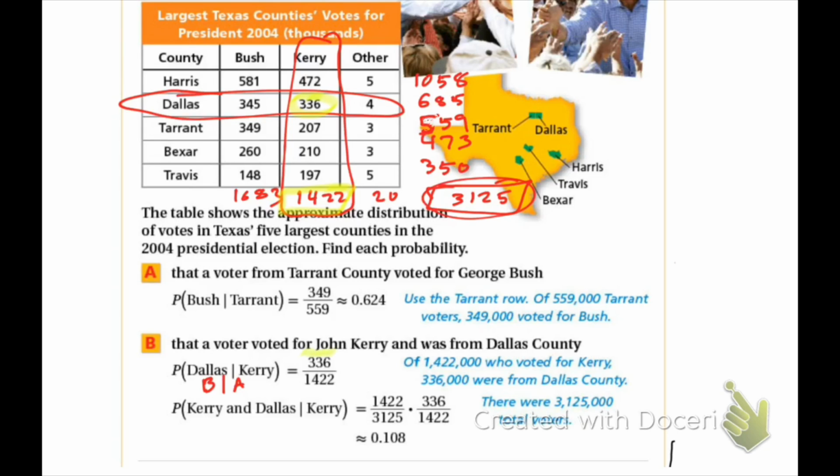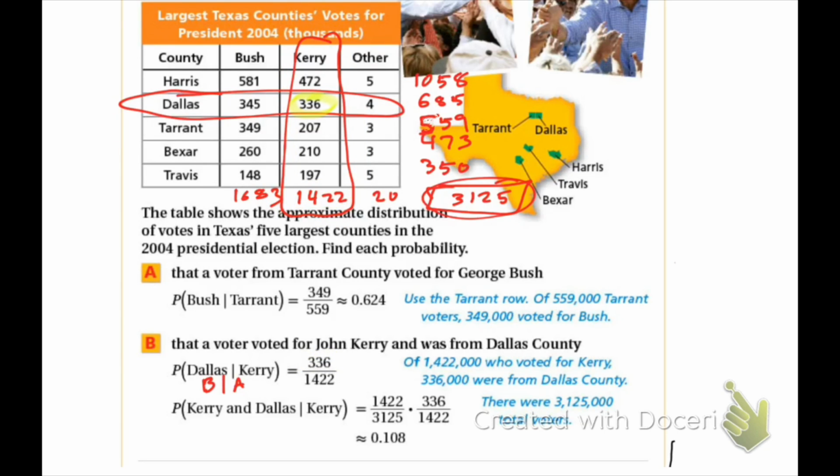That 336 is the total number of voters from Dallas County that voted for John Kerry. Our total here is the total voters for John Kerry. We're going to calculate that probability first.